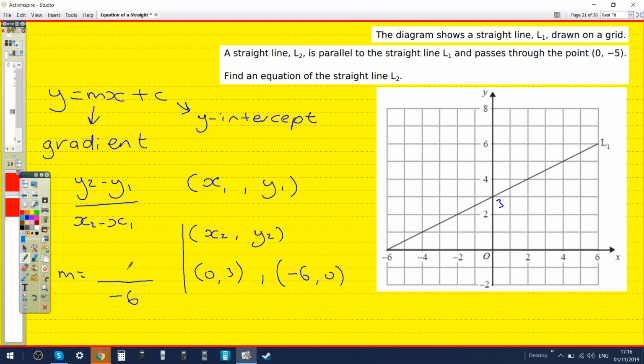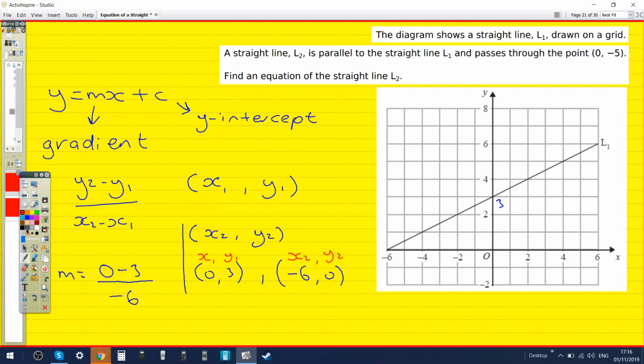So that gives us, hold on, it's 0 minus 3 is the numerator. Isn't 3 y2? If you picked this one to be x2, then 0 must be y2. Okay. So -3 over -6.